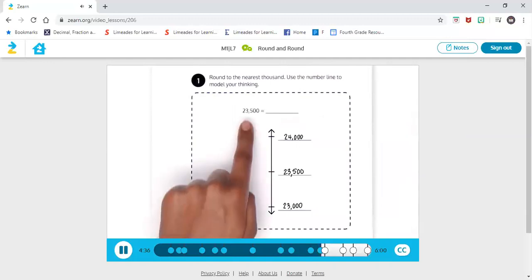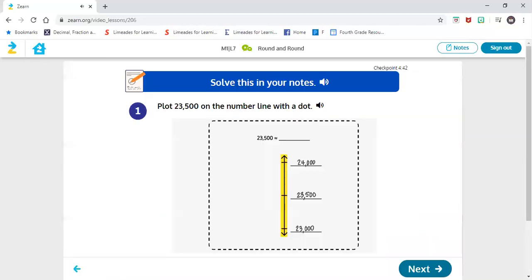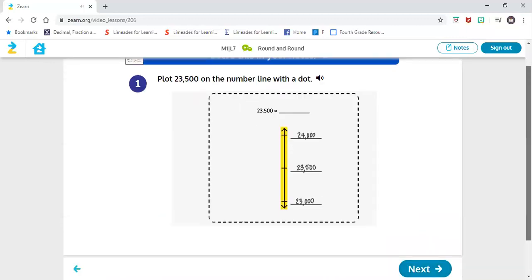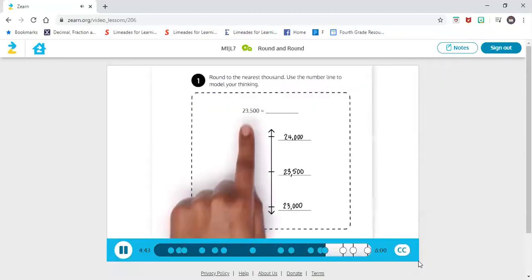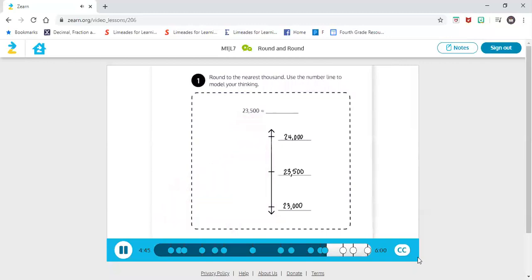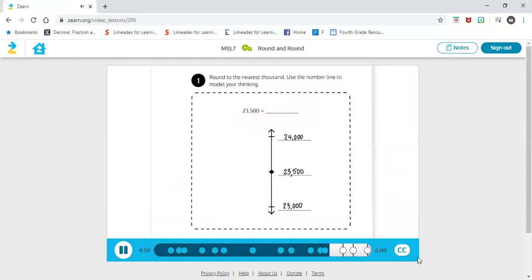Now, plot 23,500 on the number line with a dot. You've got this. Remember, plot means just identify it with a point on your vertical number line. We can plot 23,500 here. What do you notice about where we plotted our point?